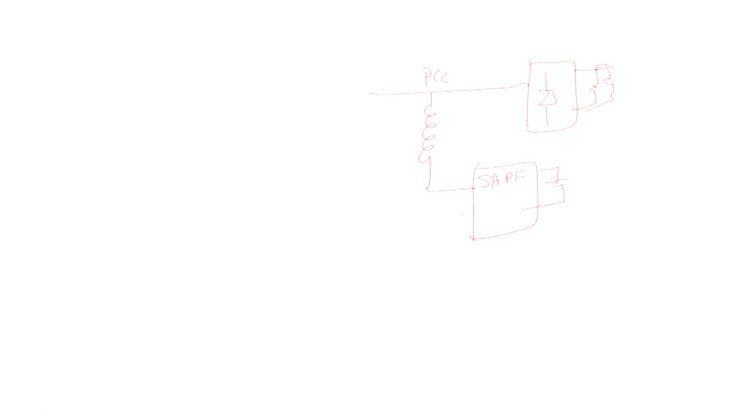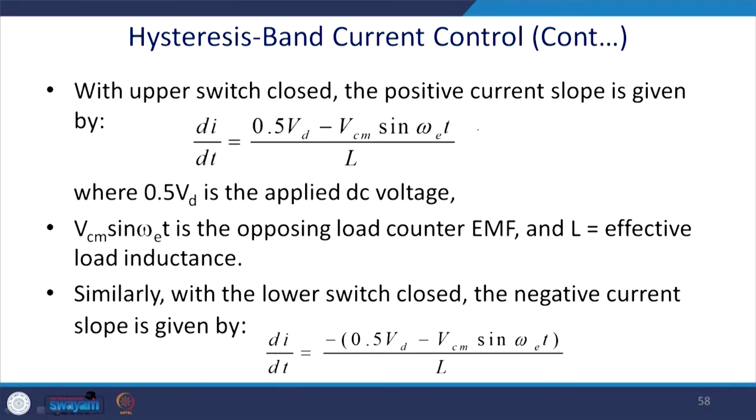So, once this switch is on, this pole of the voltage is VDC by 2 or VDC depending on the kind of topology being used, and this point is varying sinusoidally. So, this point will be Vm sin omega t and you require to inject current. Since there is an instantaneous difference between this point and the pole of the inverter and the PCC, we require to use the inductor, as shown here.